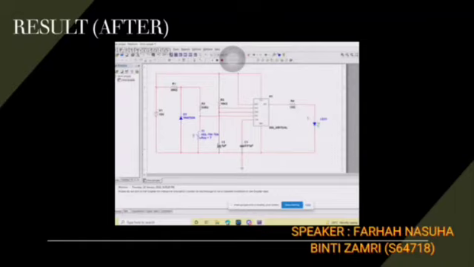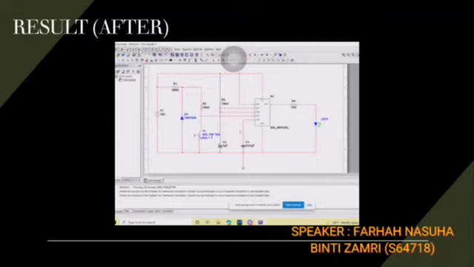To see the difference, we use 5 different temperature sensor values, which are T equals 130, 235, 340, 420, and 540.